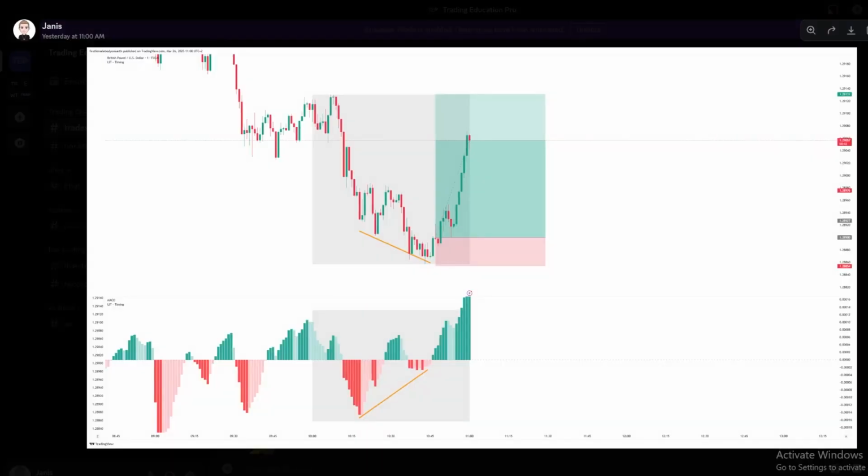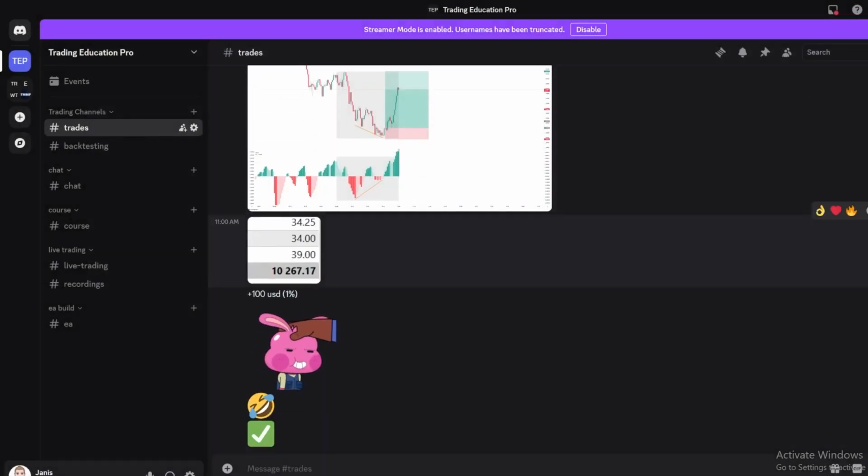So yeah, right here I took it off, and I had three small positions, one by one, and I closed them all at 100 USD profit, and it was only 1% for the account, and the account was 10k.